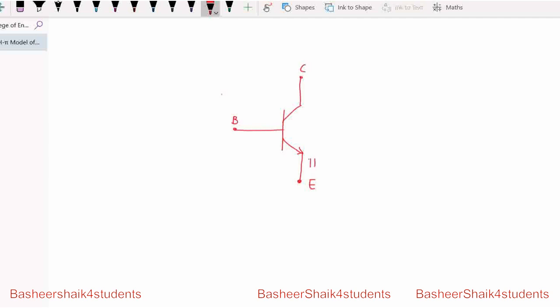The emitter is N-type material, the base is P-type material, and the collector is N-type material. And the internal base is represented as B dash. For our convenience, there exists some resistance between the external base and the internal base terminal, named RBB dash.